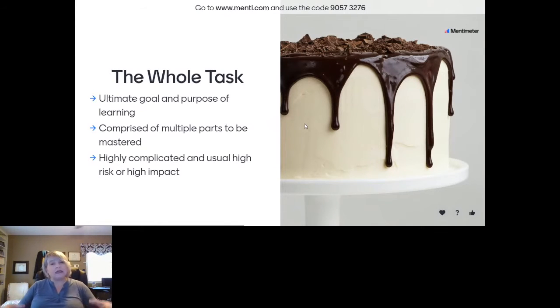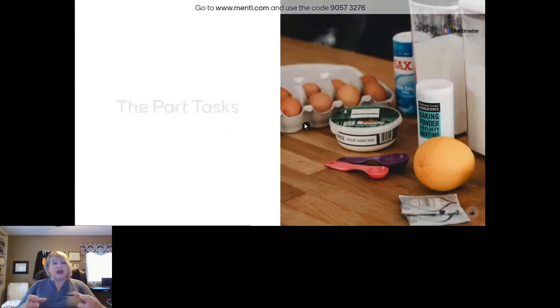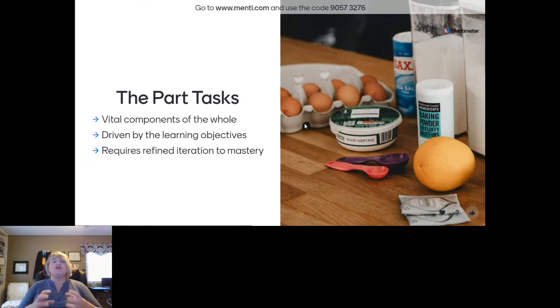And each of those tasks can be highly complicated and have a high degree of risk and impact to the patient. So the whole task is what is affecting the individual, but it's comprised of part tasks, which are vital.